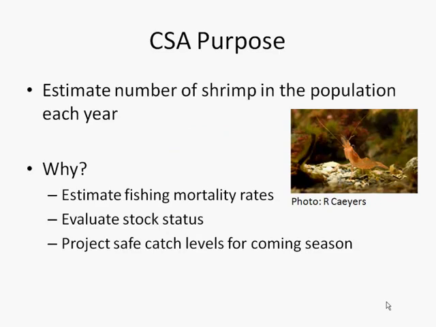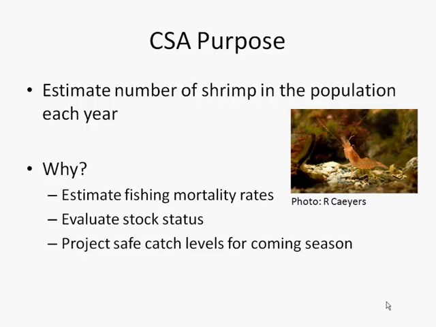All right, so the main reason that we do this CSA is to estimate the number of shrimp in the population each year. And Maggie talked about how we use relative indices and that they go up and down as the size of the population goes up and down. But they're not telling us how many shrimp are in the population. They're only telling us what the trends are.